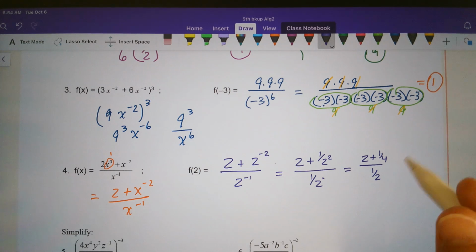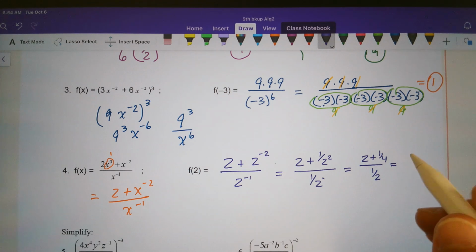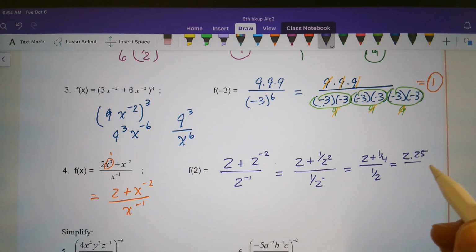I think I would have quit here and used a calculator. So this is 2 1/4, 2.25 divided by 1/2, 0.5. I'm switching to decimals. And 0.5 goes into 2.25 4.5 times. 50 cents, yeah, 4.5 times.